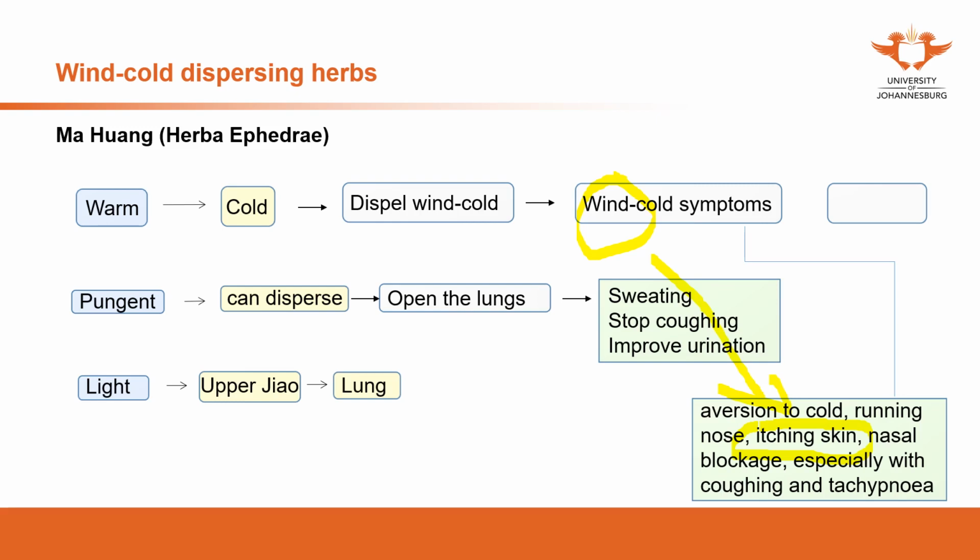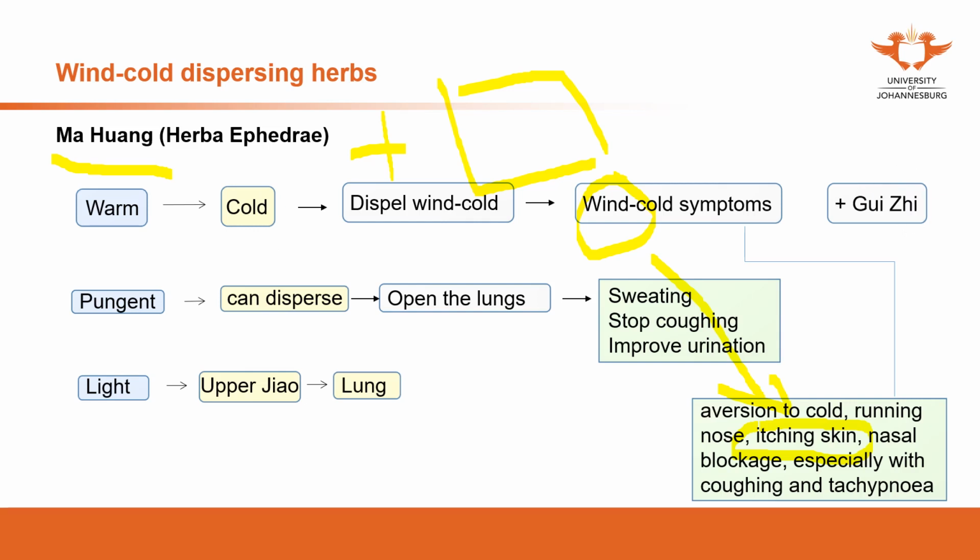If this itching skin is not due to wind, then you may still use Mahuang, but you must add something else for the cause of the itching skin. For example, in blood deficiency, you need to add something to nourish the blood, and then you add Mahuang to reduce the wind.